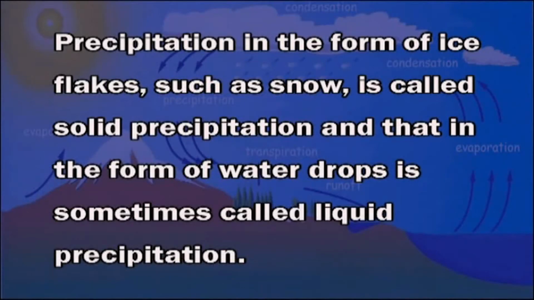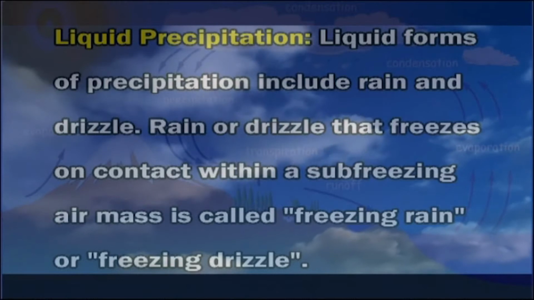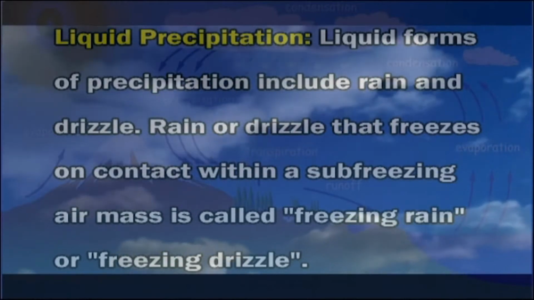There are two types of precipitation, liquid and solid types. Precipitation in the form of ice flakes such as snow is called solid precipitation, and that in the form of water drops is sometimes called liquid precipitation. Liquid precipitation: liquid forms of precipitation include rain and drizzle.